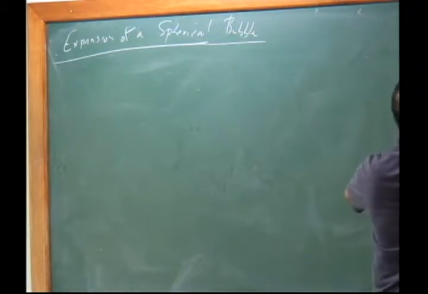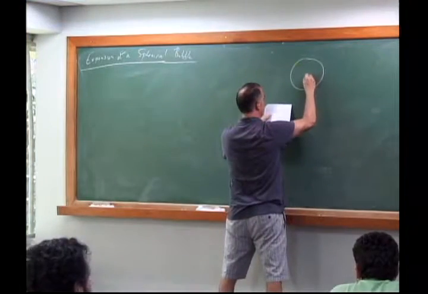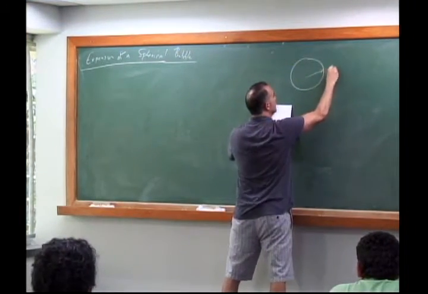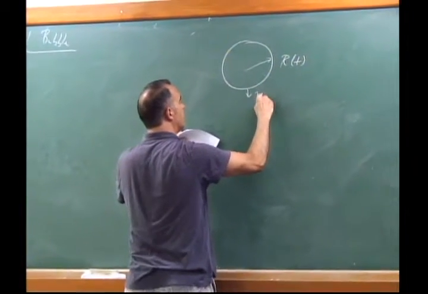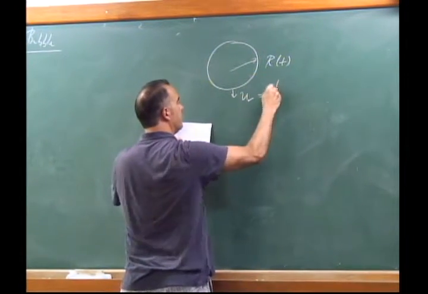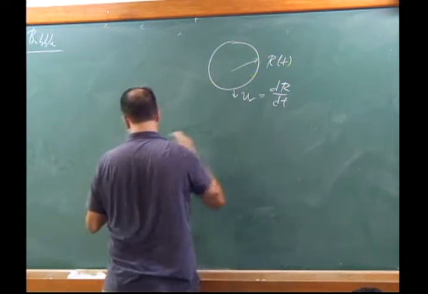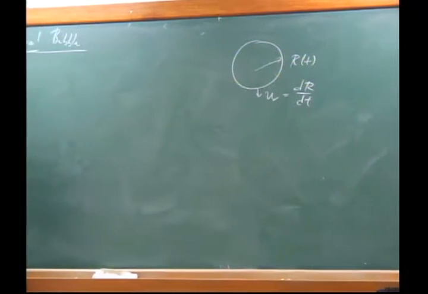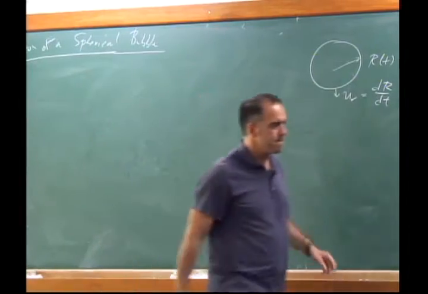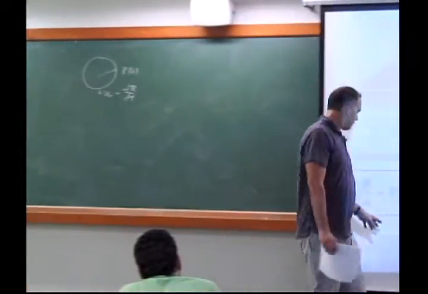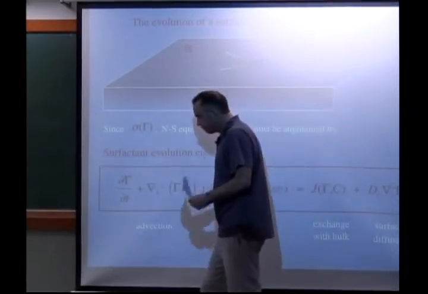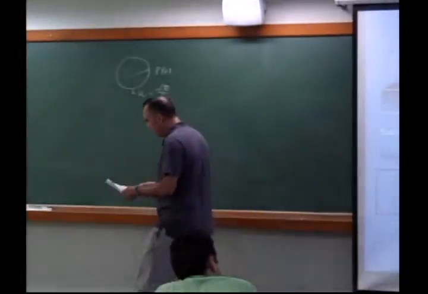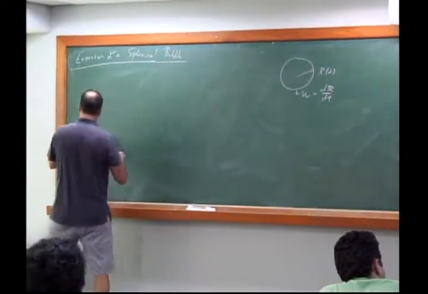Okay, so here's our bubble. And the local velocity field is just dr dt. So if we assume that there's no surface motion apart from the expansion, then we can write.